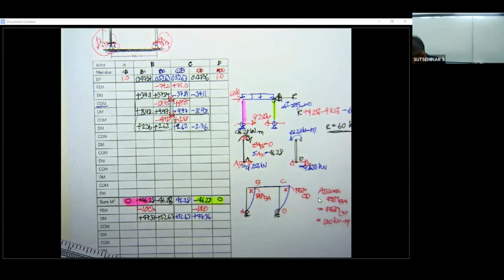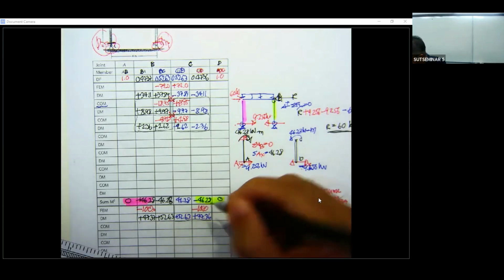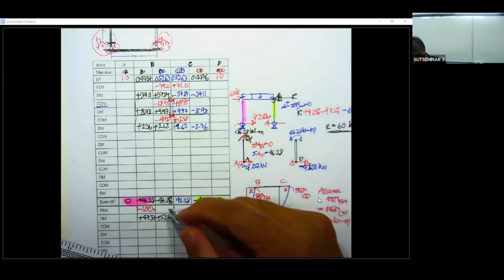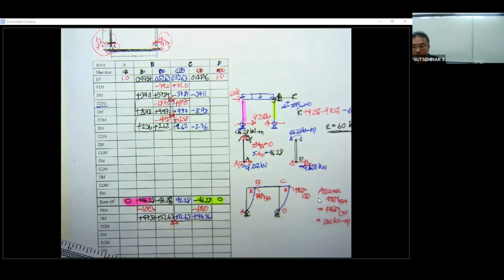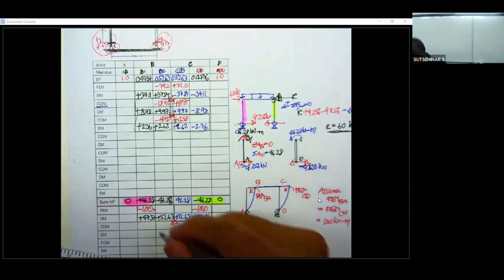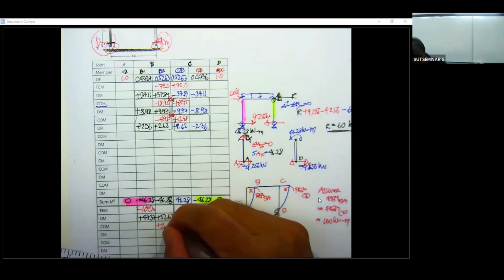So you finish the first one, and then you may do the carryover moment. Then the carryover moment is going to be reduced by a half, 26.32.